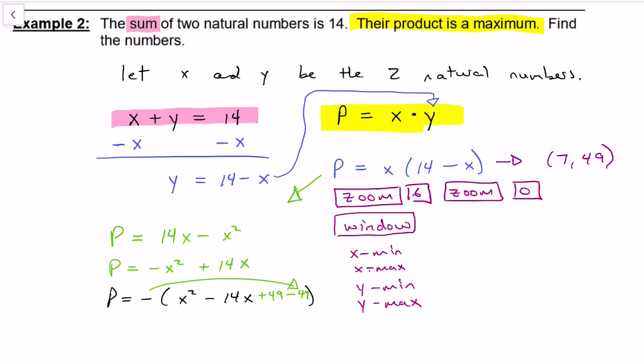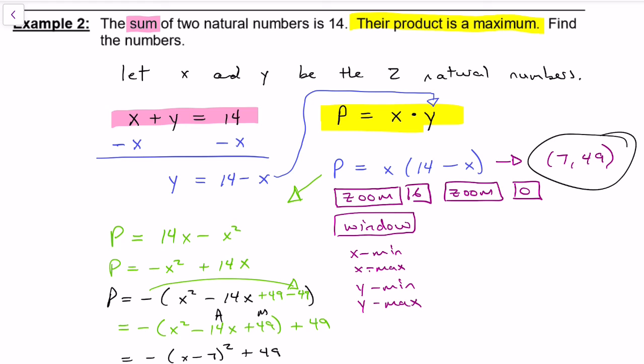Negative times negative becomes positive, so I get negative, x squared minus 14x plus 49, plus 49, since negative 1 times negative 49 is plus 49. Factor: two numbers that add to negative 14 and multiply to 49 are negative 7 and negative 7. So this is negative (x minus 7) squared plus 49, which gives me the exact same vertex again, (7, 49).